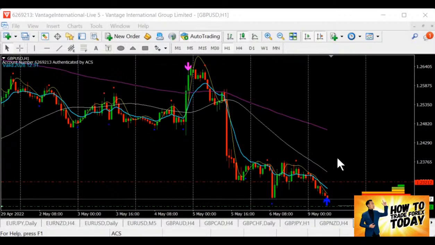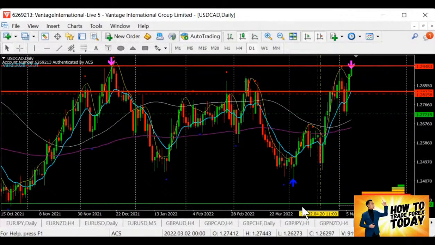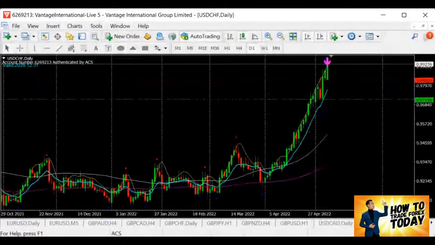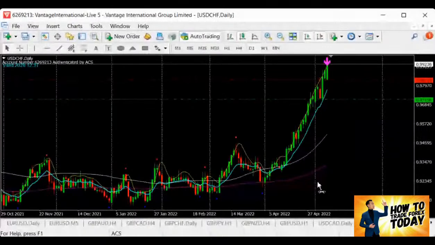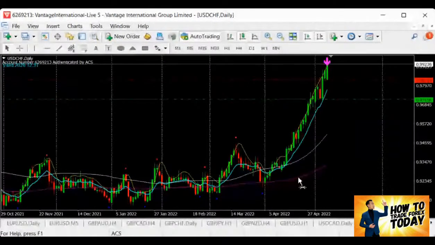Okay, dollar CAD. Since last week, we were on the bull run and we are now in the bear zone. A lot of turbulence. I'm going to skip this. So no selling, no buying. Dollar franc, we are actually hitting quite high now. It's above the resistance.